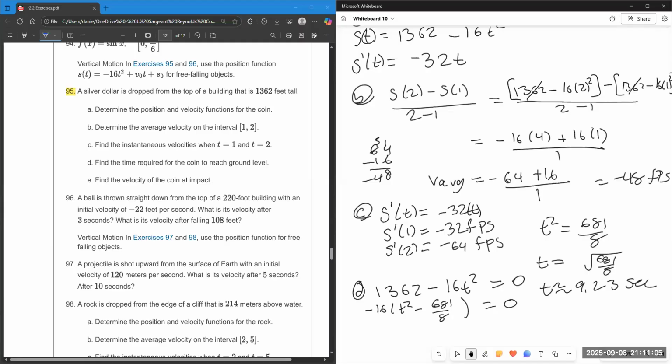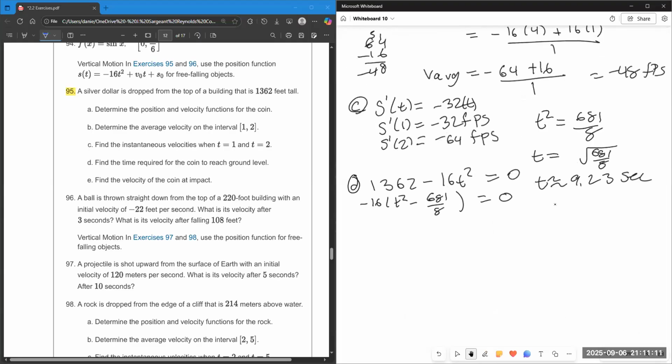So that was D. Find the velocity on impact using that exact number, s prime of the square root of 681 over 8 is negative 32 times the square root of 681 over 8.